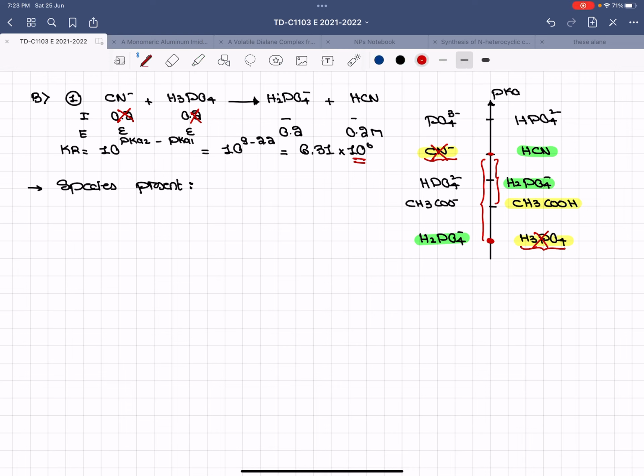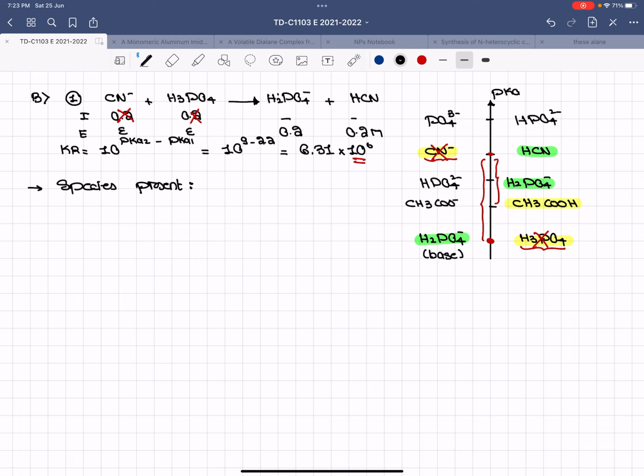So, what are the possible reactions that can take place here? In all of these possible reactions, you actually have acids and one base, which is H2PO4 minus. Basically, it's considered a mixture of a weak acid and a weak base.